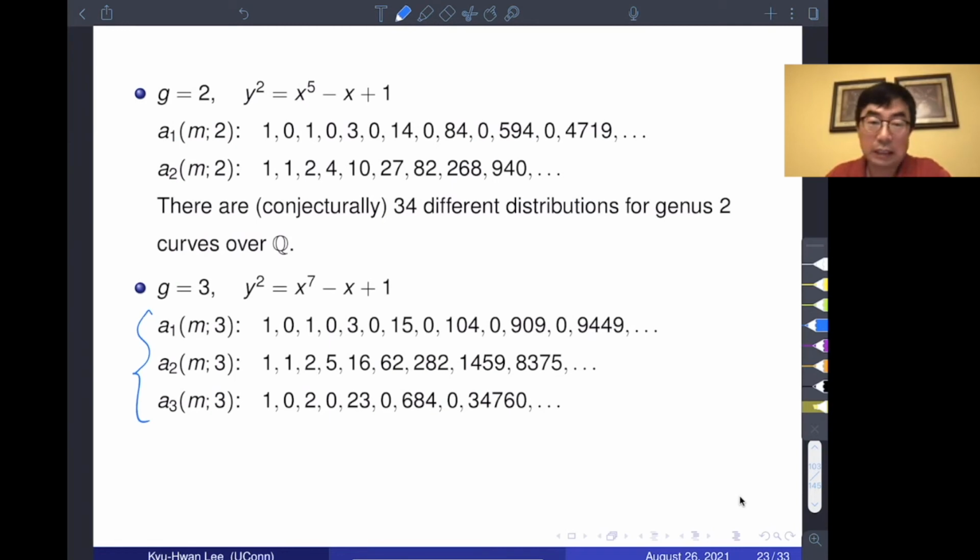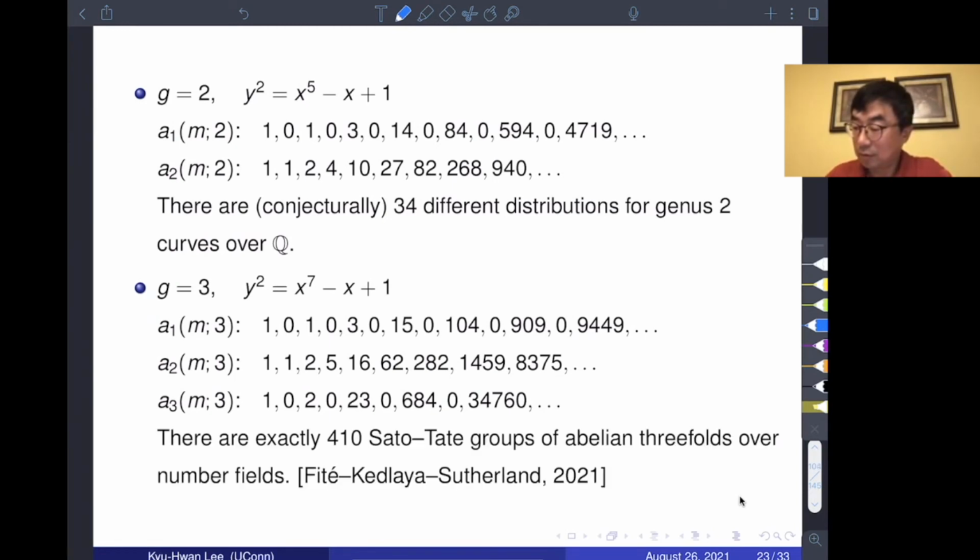How many different distributions are there? Very recently, Fité, Kedlaya, and Sutherland showed that there are exactly 410 Sato-Tate groups of abelian threefolds over number fields. Over Q, I don't know the exact number, but probably around 300 or something like that.